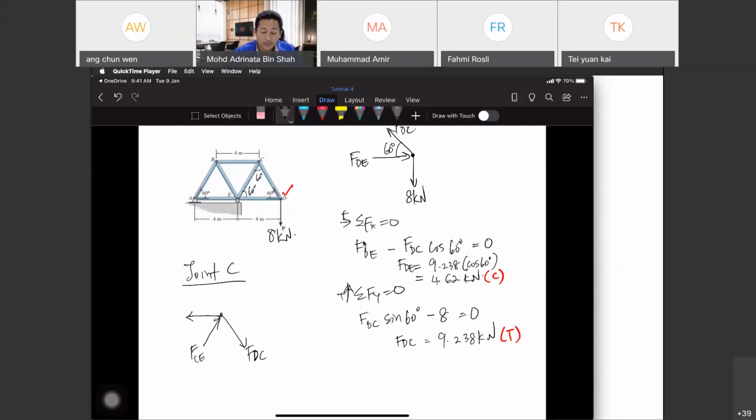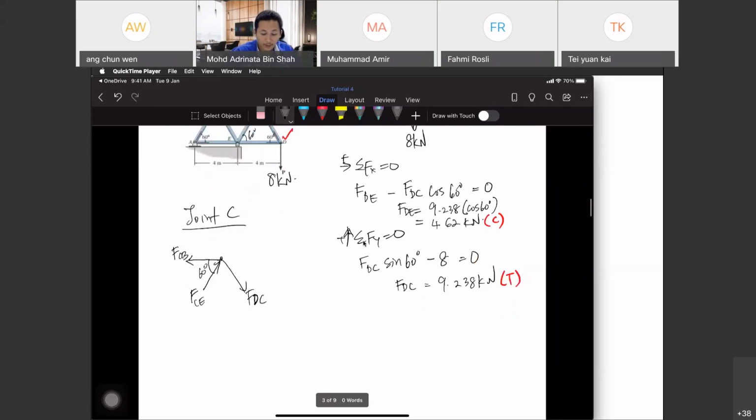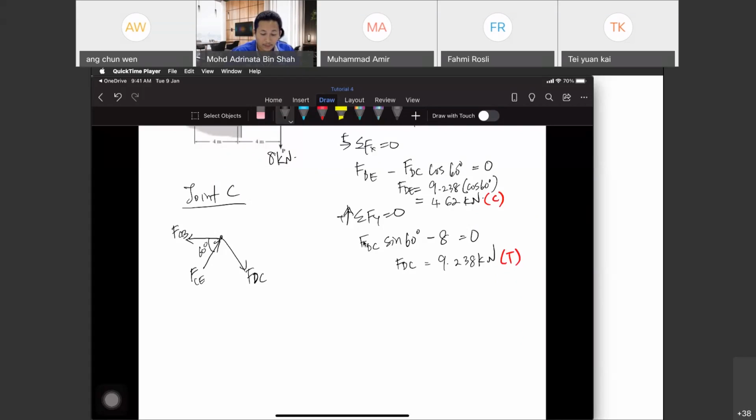Anything else? So this is 60 degree, or looking at this one, 60. It's better. Okay, and this one is FCB. We have our FDC, okay, for X direction, and we can solve our FCB.